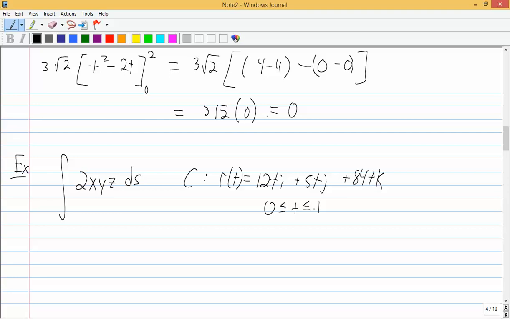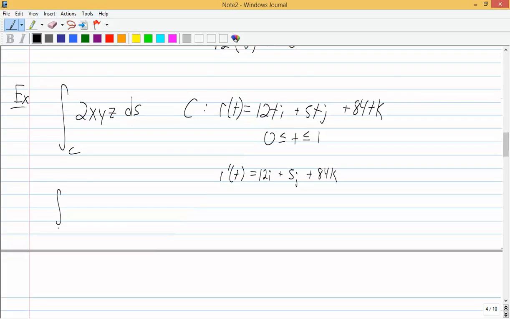Alright, so here's r of t. I'm not going to write it down again. R prime of t. Remember, we have to differentiate each one of these parts with respect to t. So that's going to be 12i plus 5j plus 84k. Now this integral is going to be from 0 to 1, and now we need to change this function into a form of t.